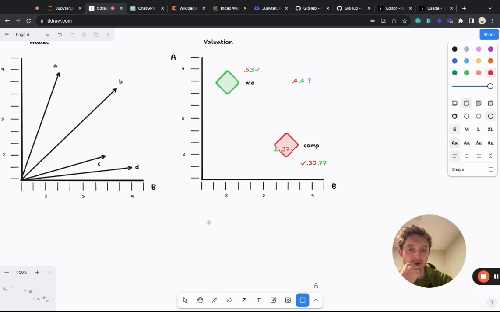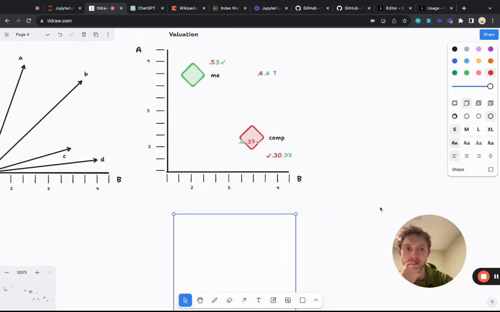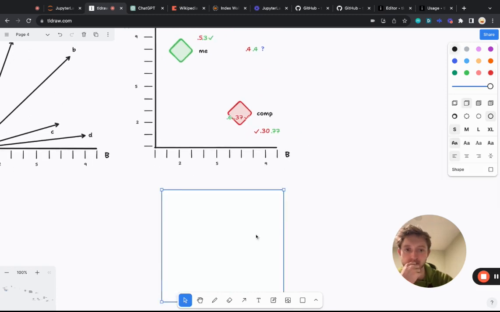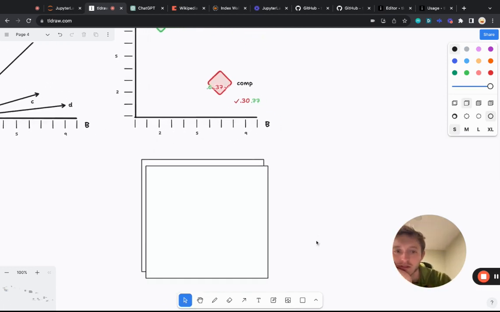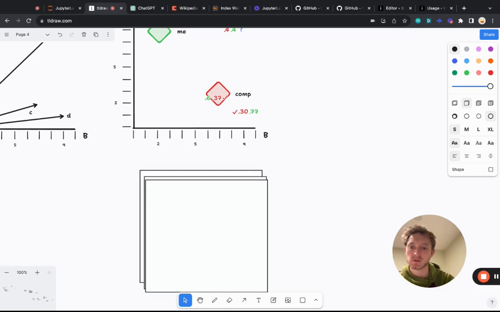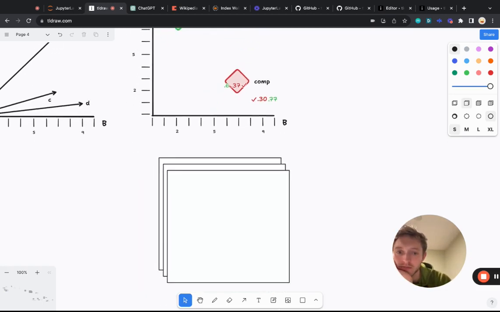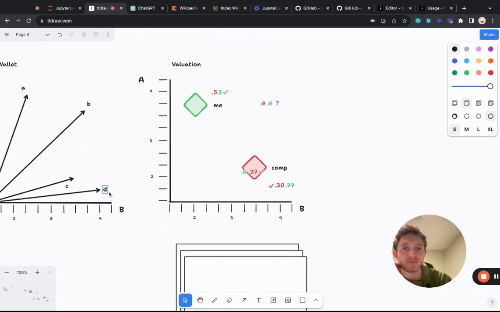And as a result of these two interacting, you get this output, this multi-layer price object for each competitor.